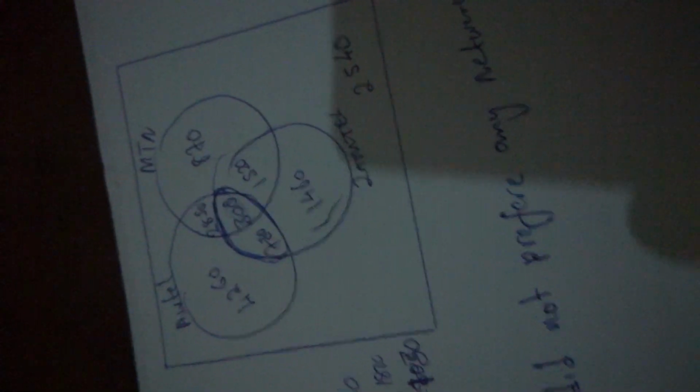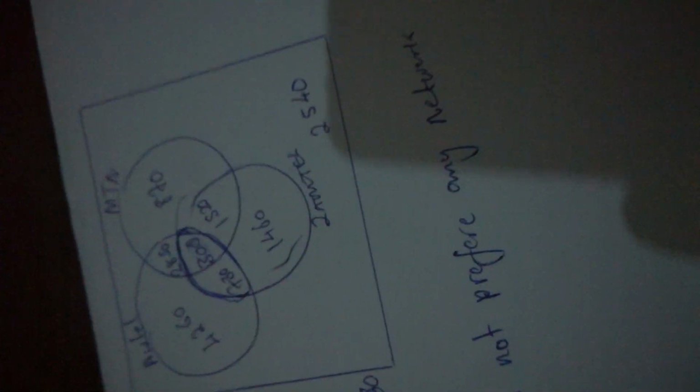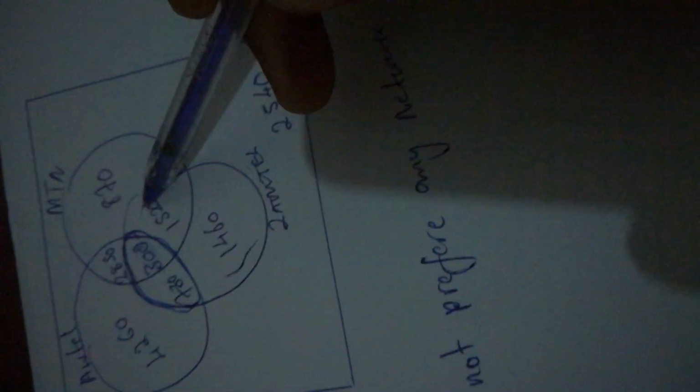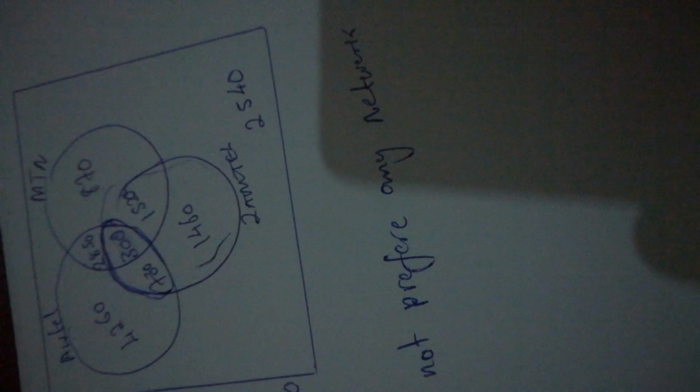Even if they preferred MTN, we just don't want to add those who preferred Airtel. So these are the people who preferred Zamtel but not Airtel. When you add this, you are getting something like 2,980. So you write that 2,980 preferred Zamtel but not Airtel.